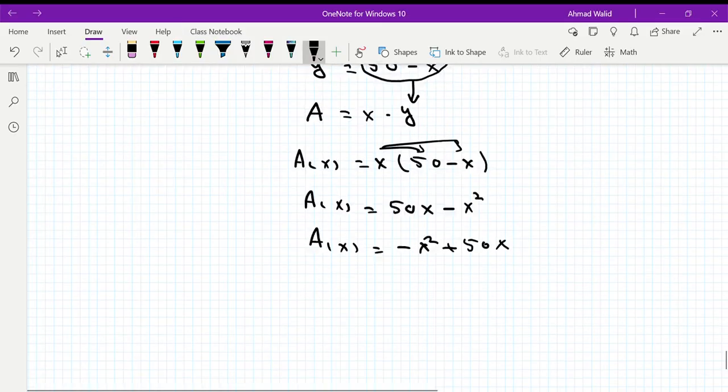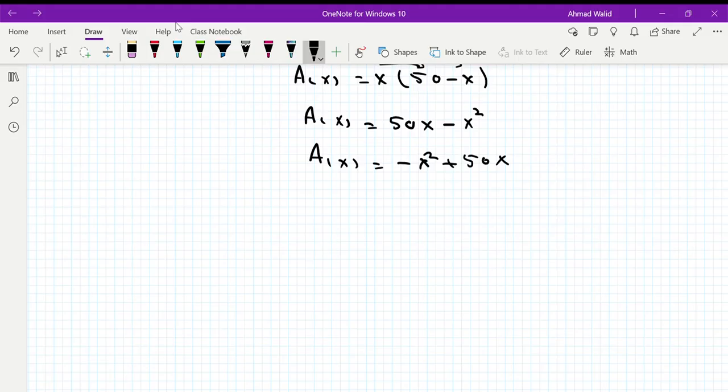Here you see your A. Look, how much is the coefficient of x squared? The coefficient of x squared, a, is equal to negative 1, and this one is less than 0. It means you have a maximum point. Correct? Then what do you do? Calculate the value of x. Your x equals negative b over 2a, which means how much is your b? 50.